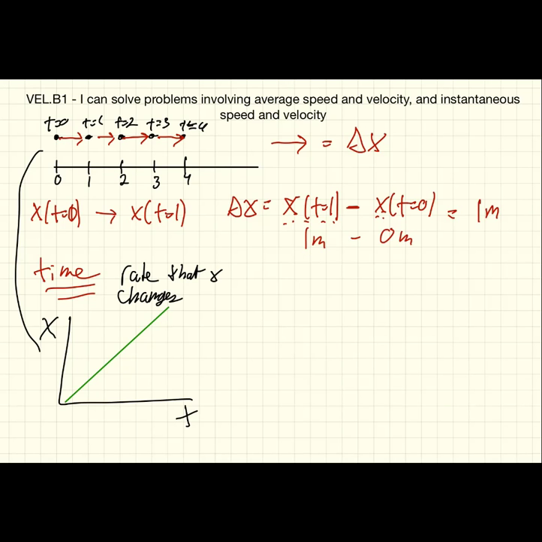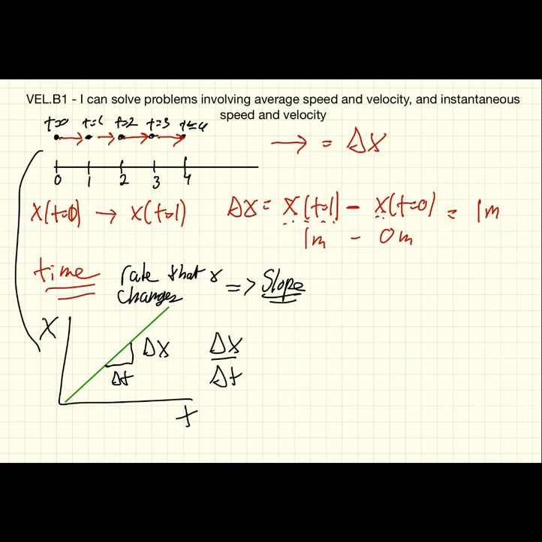And we know that the rate that something is changing, when you think about it in a graph, corresponds to the slope of that graph. So if I was trying to figure out the slope of this graph here, I would need to figure out the change in the vertical direction, the change in the horizontal direction, and then divide them.